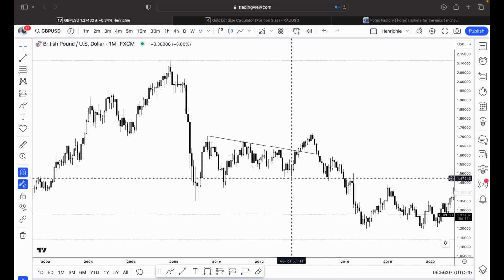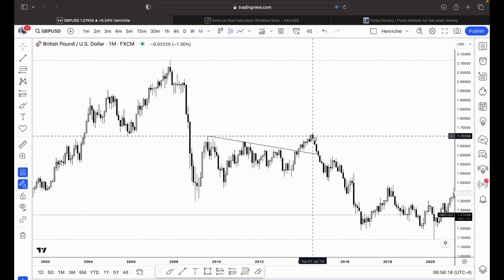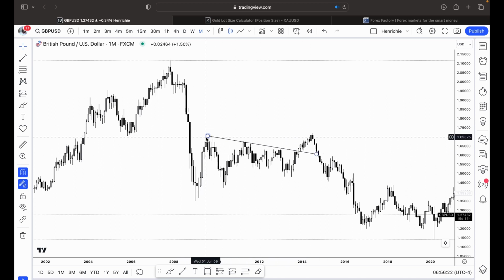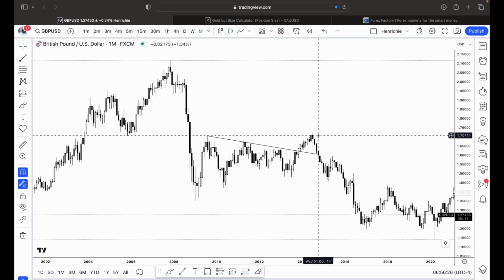So if you stay tuned in our sessions, you're going to understand how you can anticipate this happening and how you can get into a short position. When I say short position, I mean selling position.